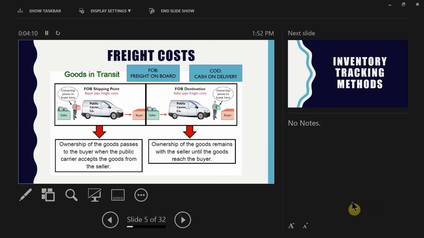The minute it leaves that midpoint and makes it to your store, you're the owner of the property, okay? So remember, ownership is transferring from the seller to the buyer, which is you, right? If you're purchasing the items, you technically don't claim ownership until it is at your store, okay?